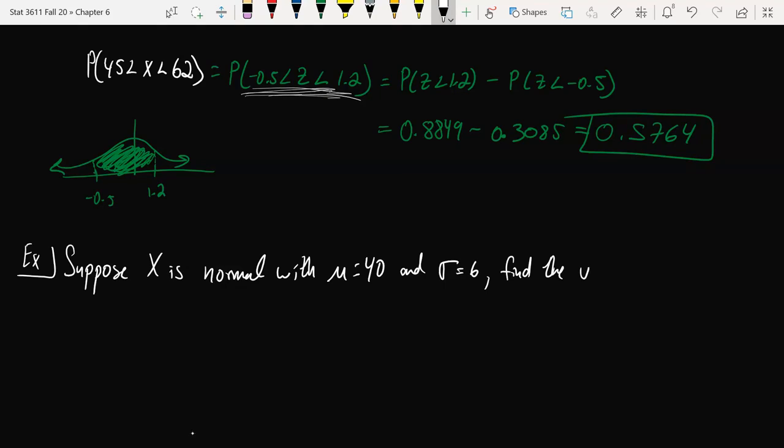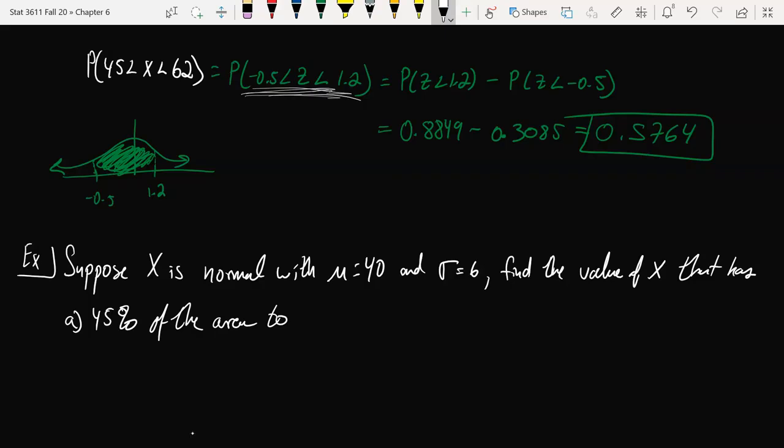Find the value of x that has, let's do 2 parts here. Part A, 45% of the area to the left.